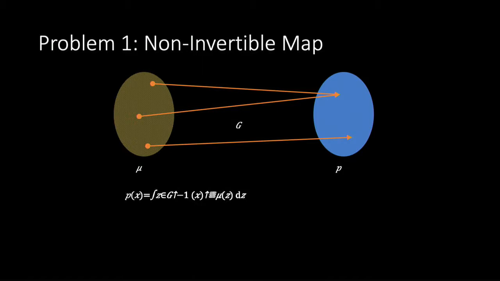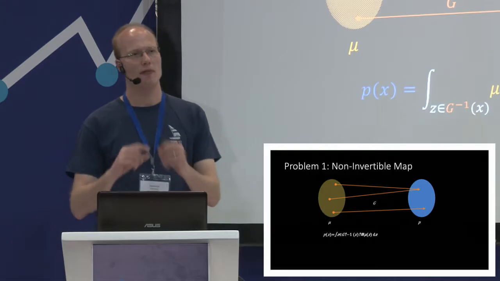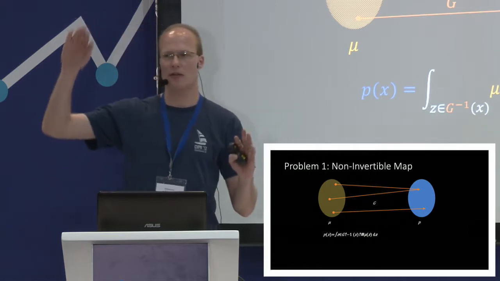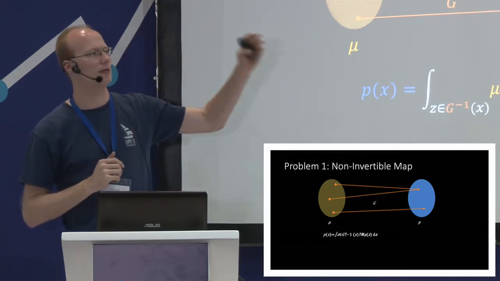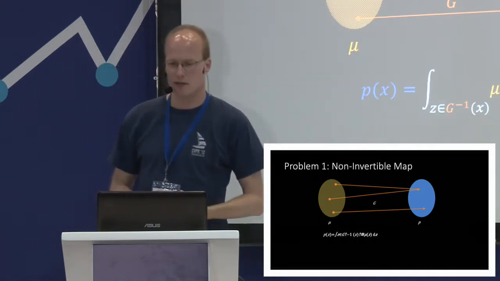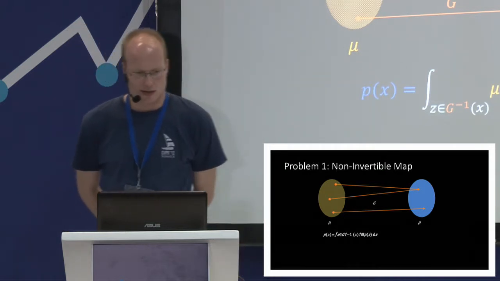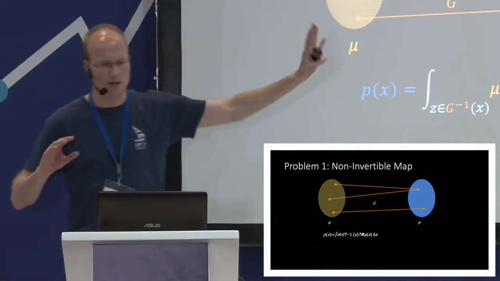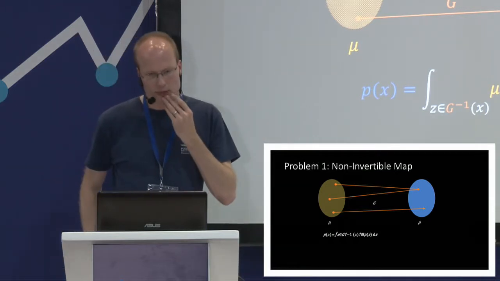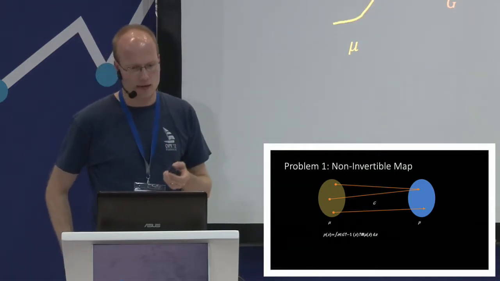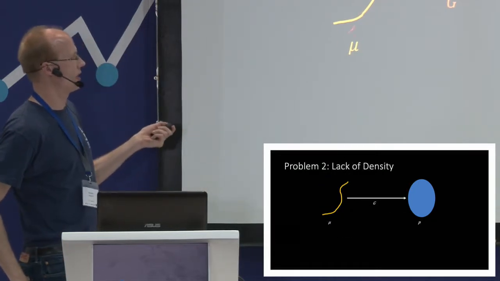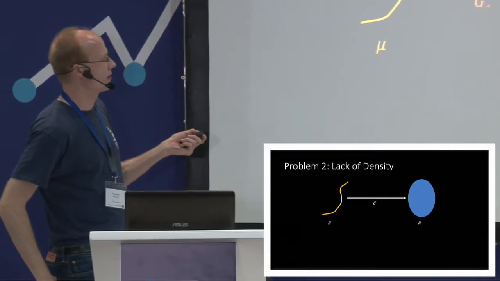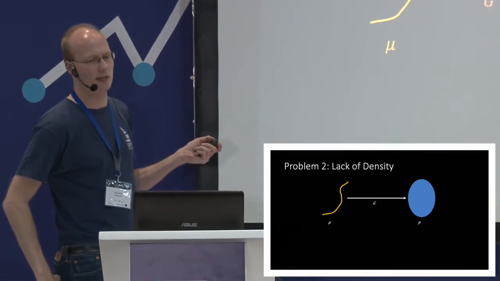The other problem is, I showed you the example from Alec Radford. It started with 100 random numbers, and it mapped that to 64 by 64 by 3. What is that? 12,000 output dimensions. We are in a setting where we start with a low-dimensional distribution and map that into a high-dimensional space.